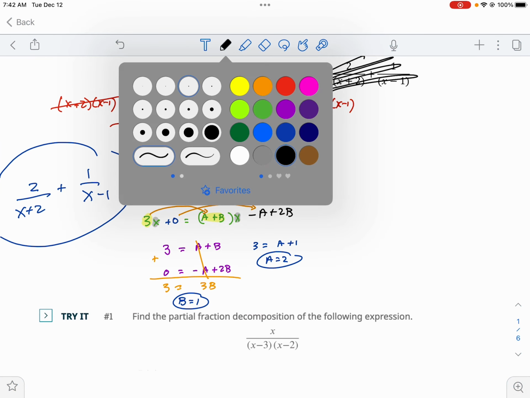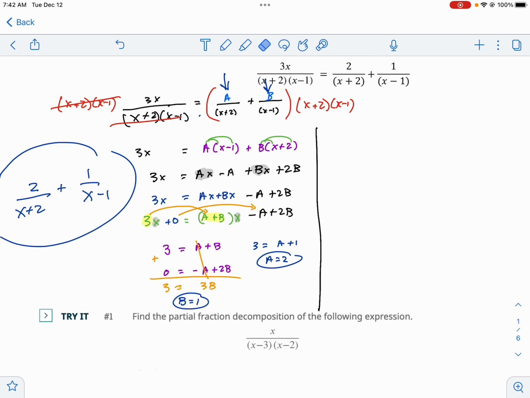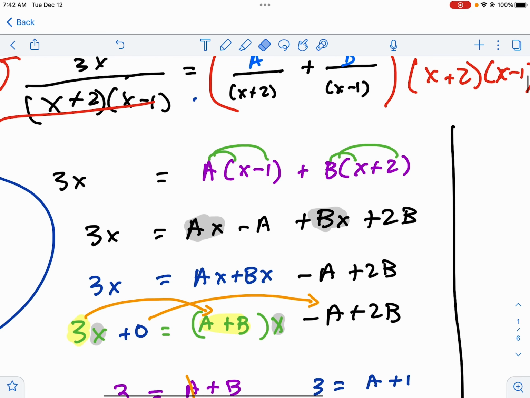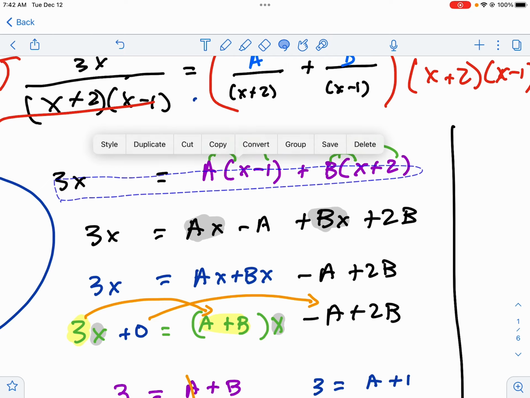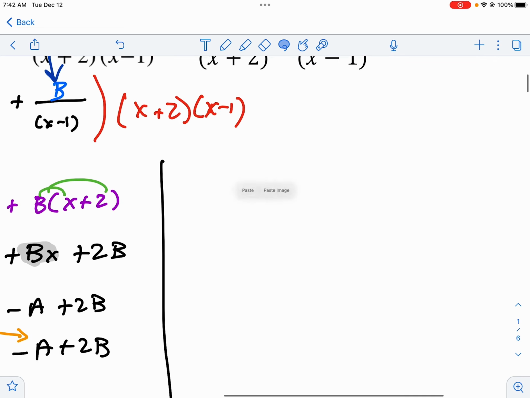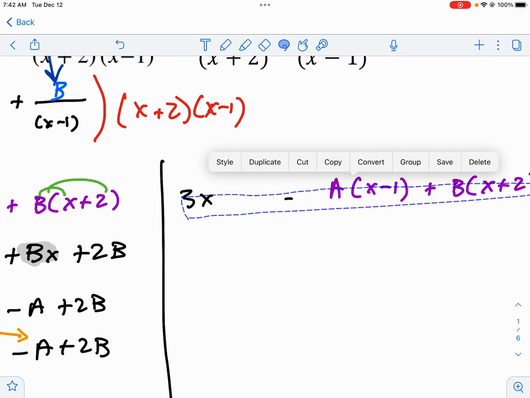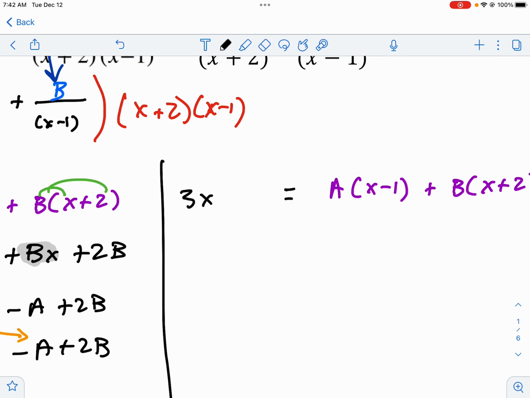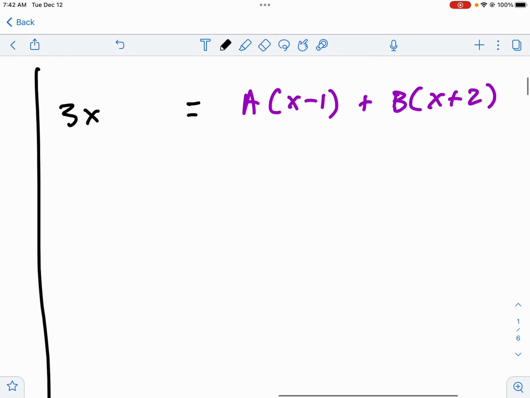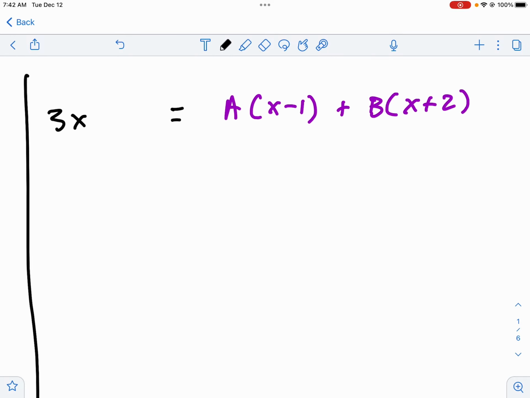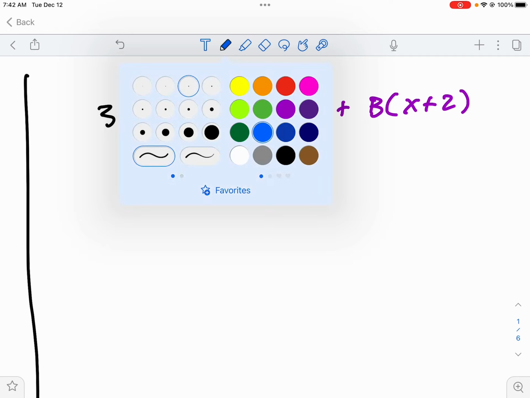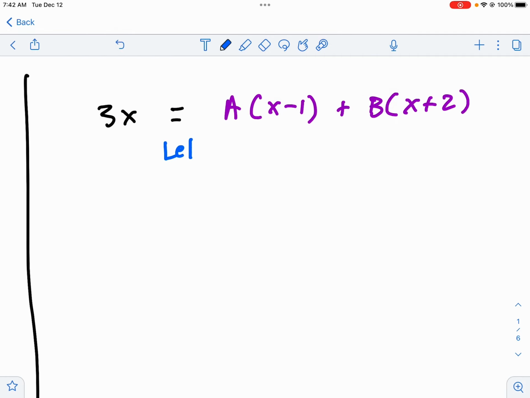There is a faster way to do this, but this faster way only works sometimes. So imagine we have this. This comes from, you need to be a little creative to figure this out. So I can let x equal 1.